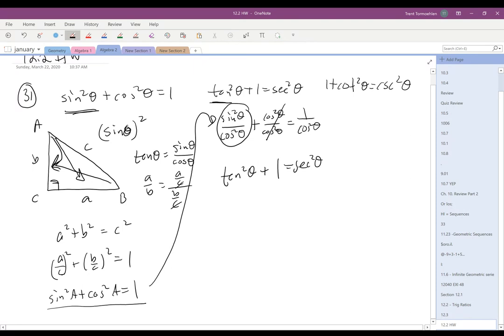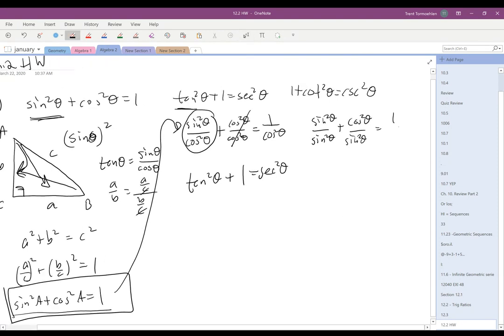And then you do the exact same thing for cotangent, but instead of dividing by cosine, you divide by sine. If we divide this basic Pythagorean identity by sine squared, we get sine squared theta over sine squared theta plus cosine squared theta over sine squared theta equals 1 over sine squared theta.